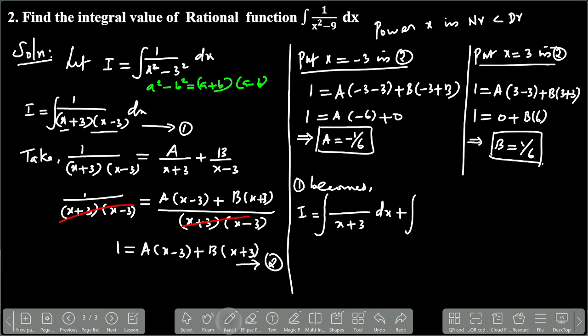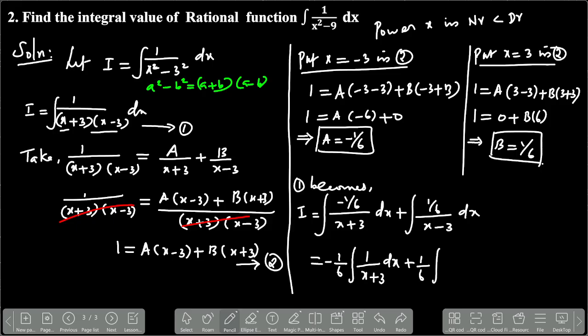What is the a value? Minus 1 by 6, and b value 1 by 6, by x minus 3 into dx. Any doubts? Now take the constants outside: minus 1 by 6 into integral 1 by x plus 3 into dx, plus 1 by 6 integral 1 by x minus 3 into dx.